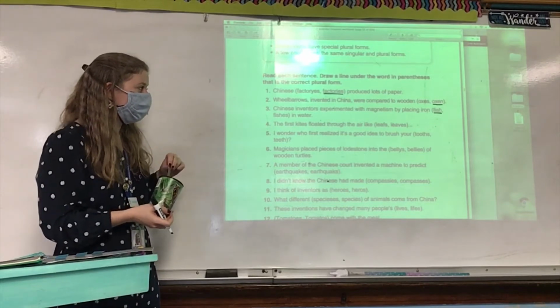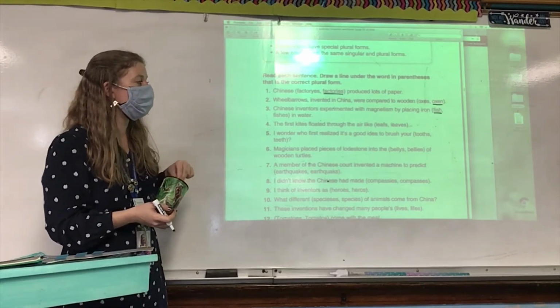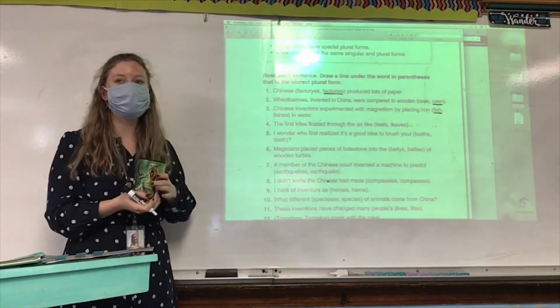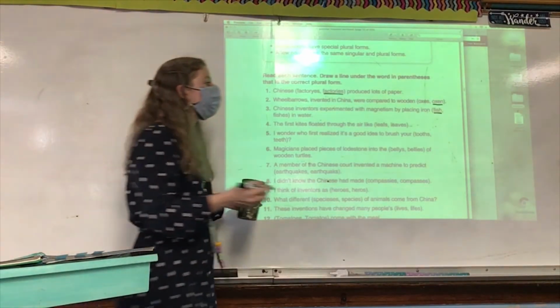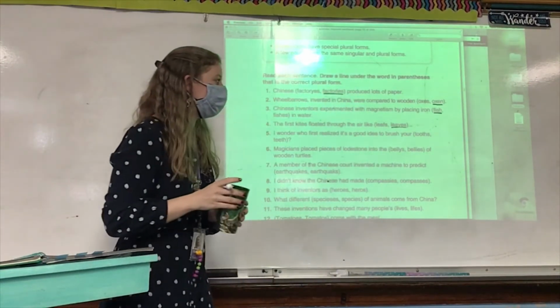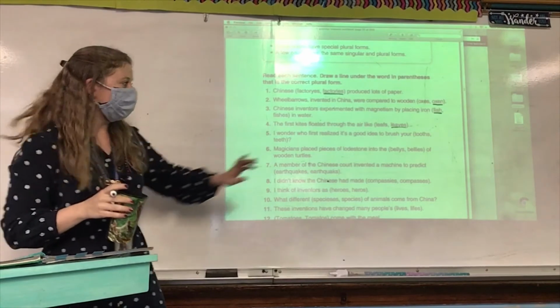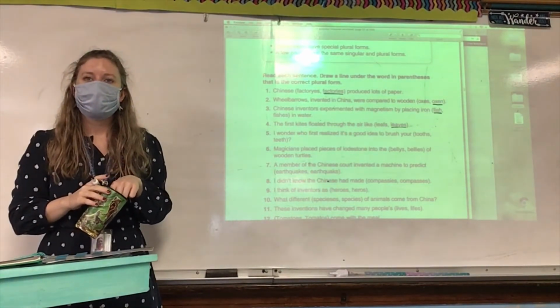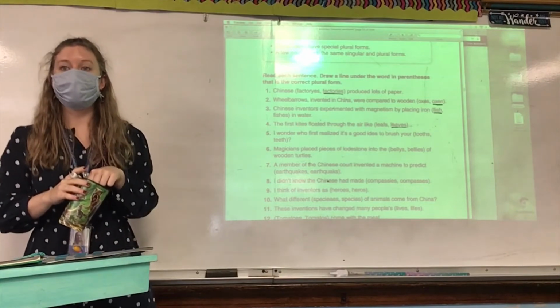Number 4, the first kites floated through the air like leaves or leafs? Mason? Leaves. Because it follows the rule that says words that end in F, what happens? If a noun ends in F, what do we have to do? You can look at your notes.